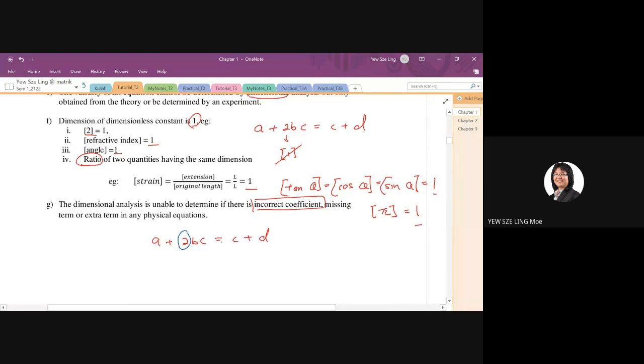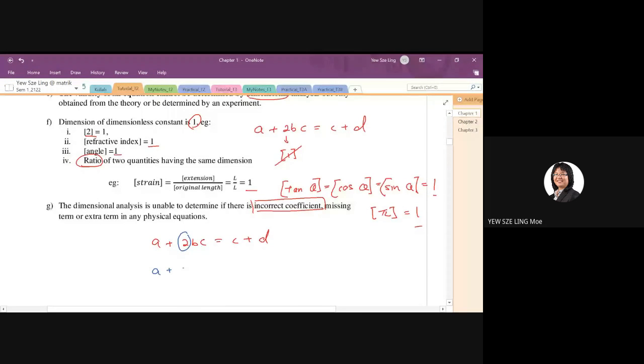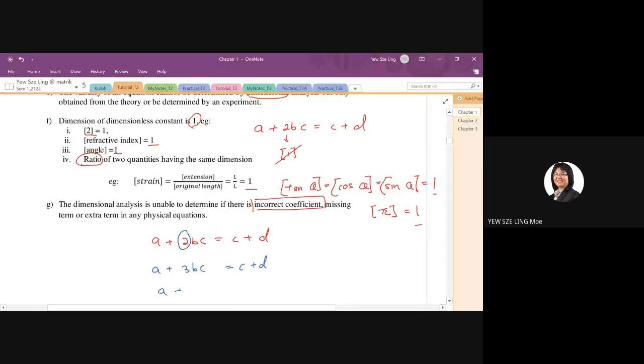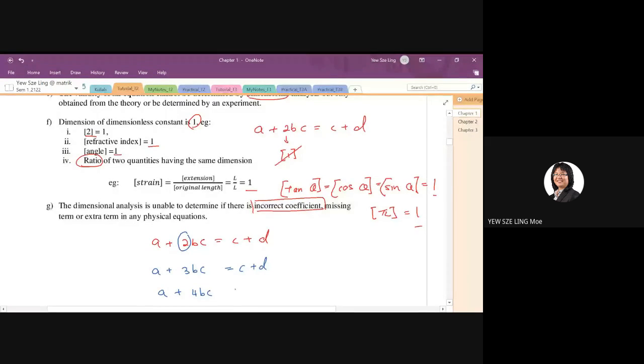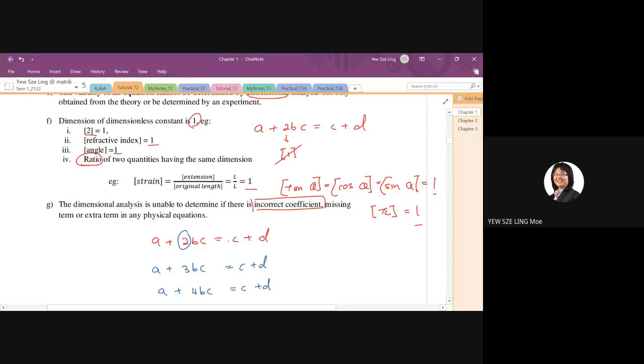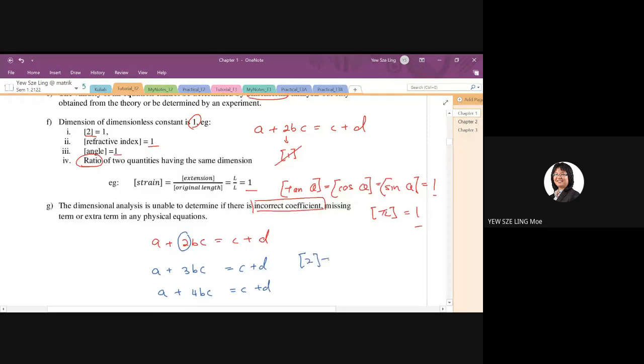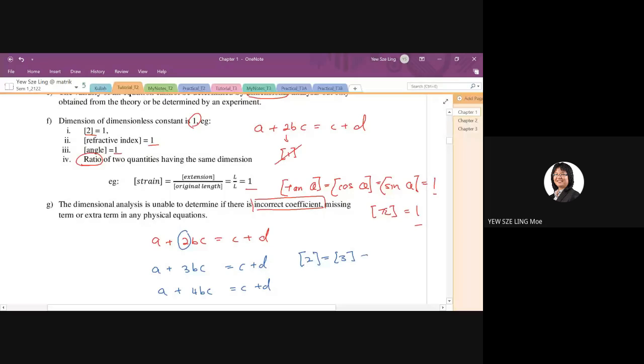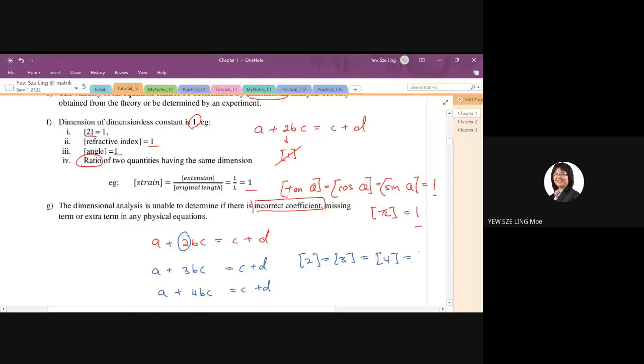In this equation, why? Because it doesn't matter what value you put in the equation. You can put a plus 3bc equals c plus d, a plus 4bc equals c plus d. They are all going to have the same dimension. Because the dimension for 2 equals the dimension for 3 equals the dimension for 4, which is equal to 1.